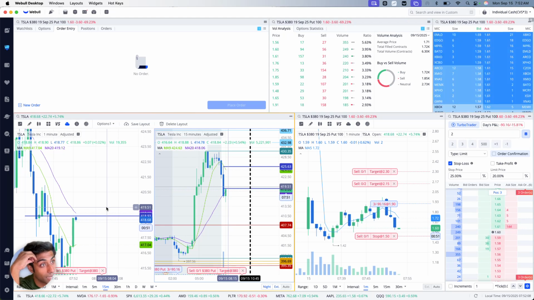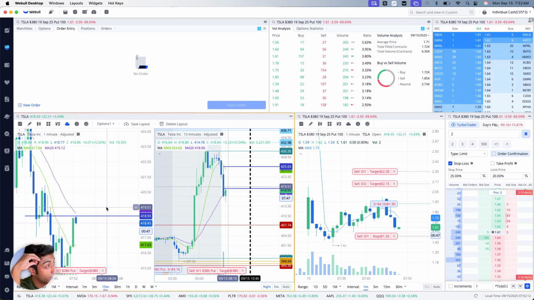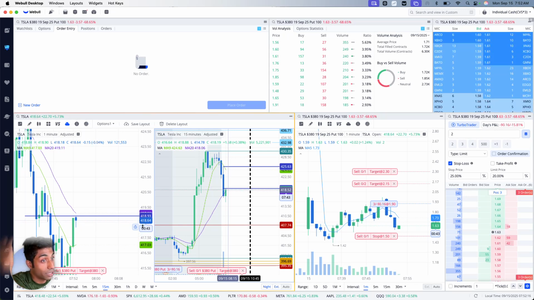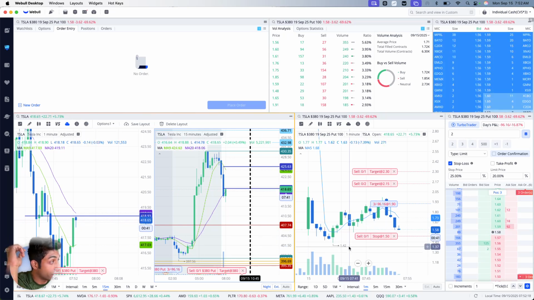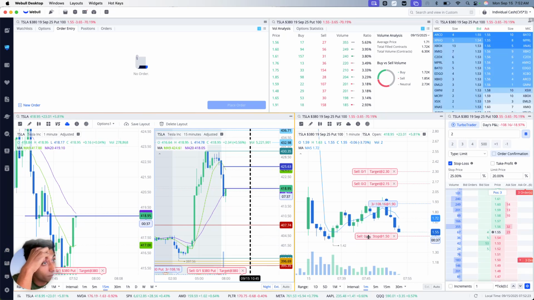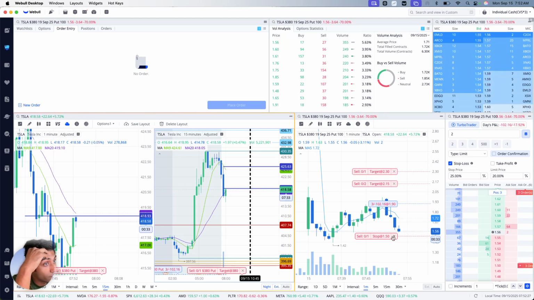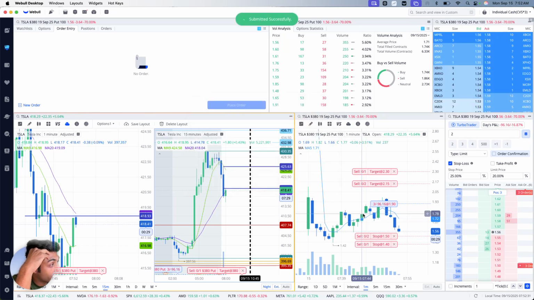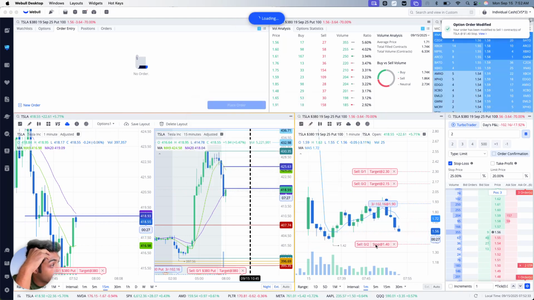Hopefully we test the line back down, because I got super impatient, took a trade, and set a really aggressive stop loss, which is basically all my rules broken. So I don't know what to do now. It's an extra $30.